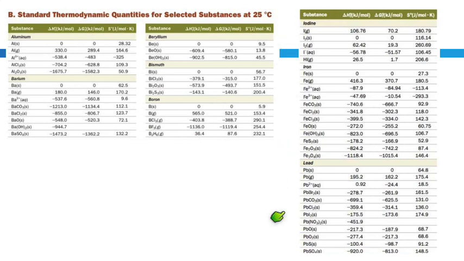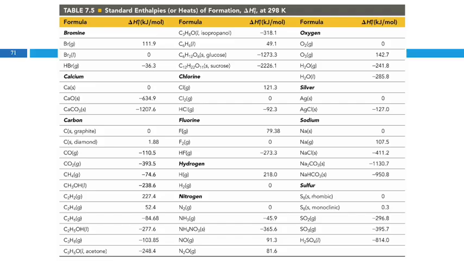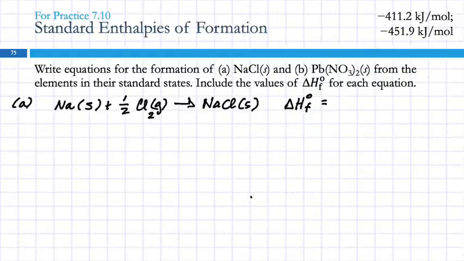And so this is not the one I need. This is the one I need, I think, hopefully, yes. So over here, there's sodium chloride. So to make sodium chloride from its elements in their standard states, negative 411.2 kilojoules.